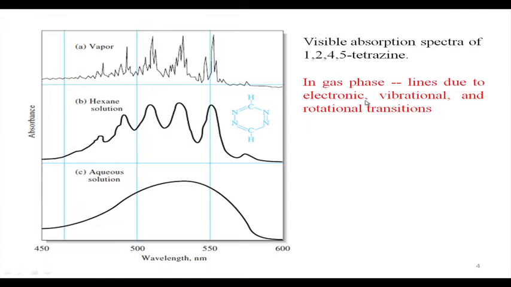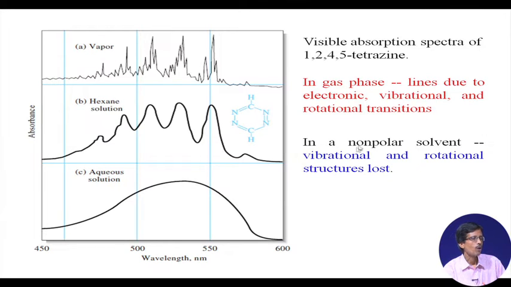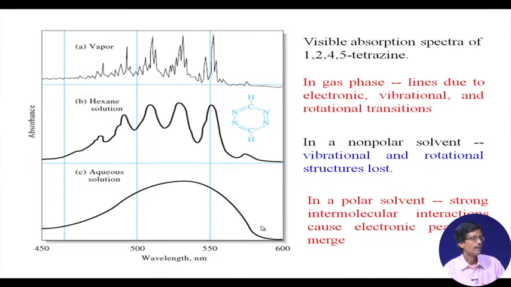So, the gas phase basically gives us the detailed feature involving all three of them, and in nonpolar solvent also these vibrational and rotational structures, these finer details, are lost. We are getting some average which is also present in the different electronic transitions involving these E1 and E2 levels. And when we go for this water medium, so if we can get this in hexane solution, this is one lambda, this is another lambda, this is the third lambda, this is the fourth lambda.